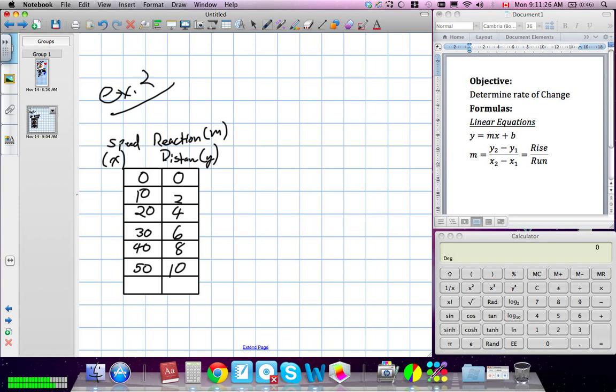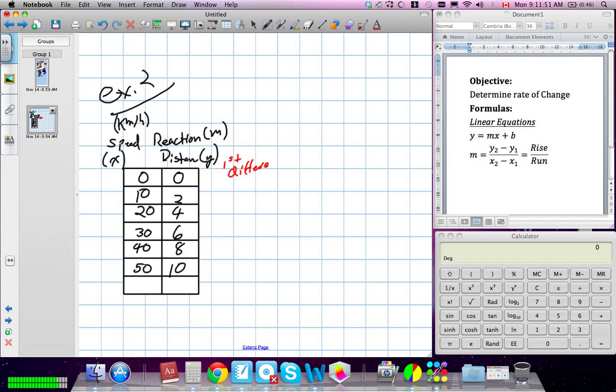Okay? Now what we have to do here is we want to find out if there's a difference in terms of reaction, if his reaction times get faster, slower, or if they're constant depending on his speed. So in other words, what we're doing is we're going to be finding our first differences. Okay?